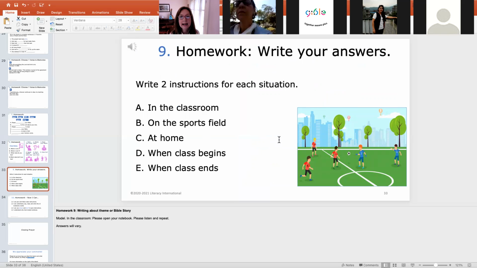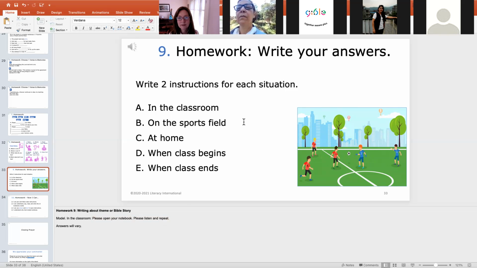Homework 9 is a writing exercise on the lesson theme. Here they want you to write 2 instructions for each situation. For example, 2 instructions you might hear in the classroom would be, please open your notebook, or please listen and repeat.